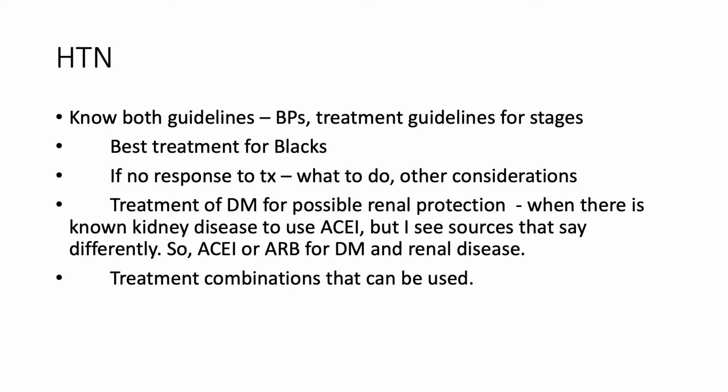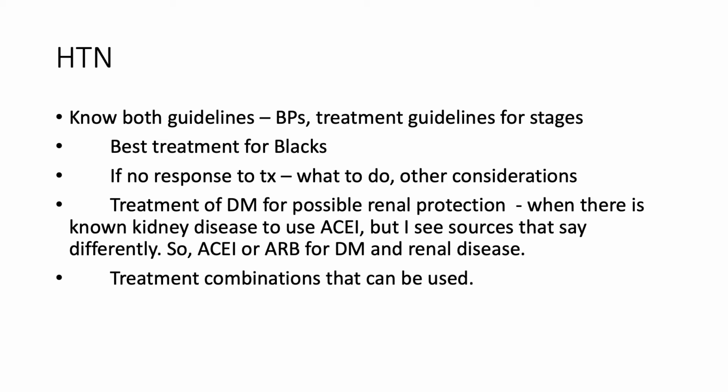Hypertension, as I said, know both guidelines, the blood pressure, the treatment guidelines for the stages. Know what the best treatment for blacks or African Americans is. If no response to treatment, what to do? What are other considerations? The treatment of diabetes for possible renal protection.